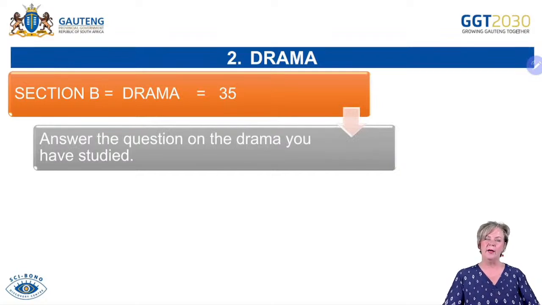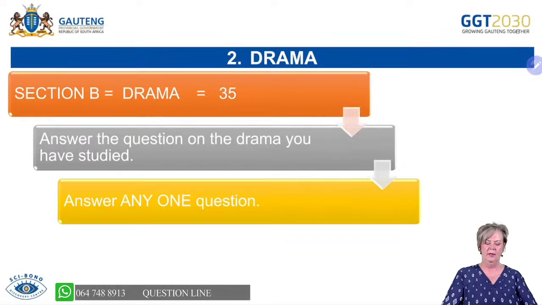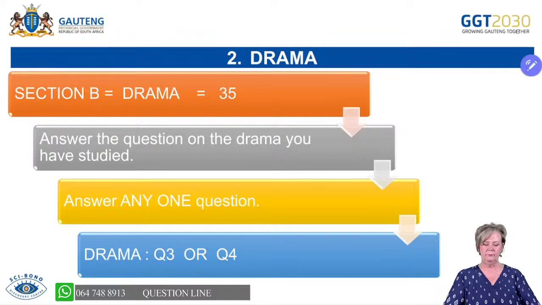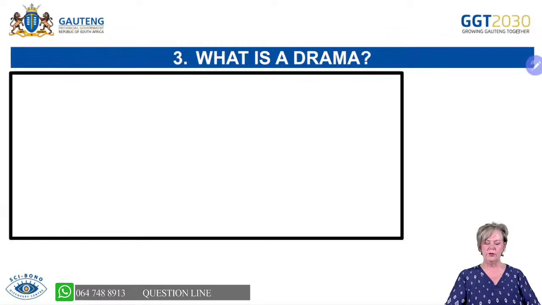Remember, there's more than one in the prelim and in the final. So make sure that you select the one that you have studied throughout the year. You may answer any one question from the section. The drama would be question 3 or question 4, depending on the drama that you have studied during the course of the term.